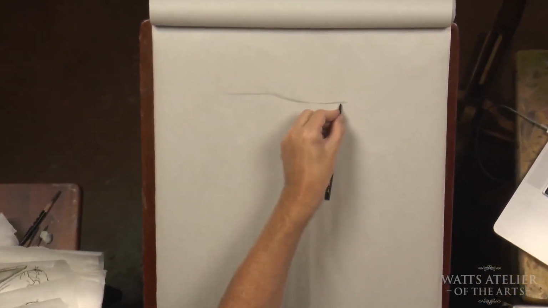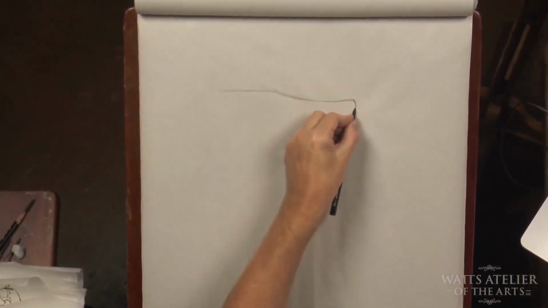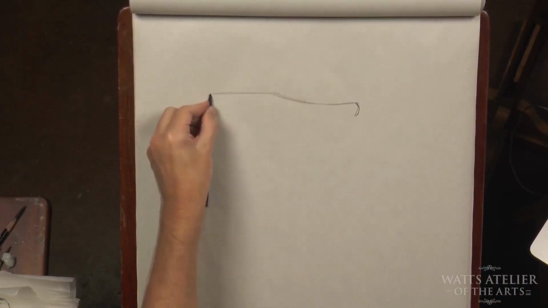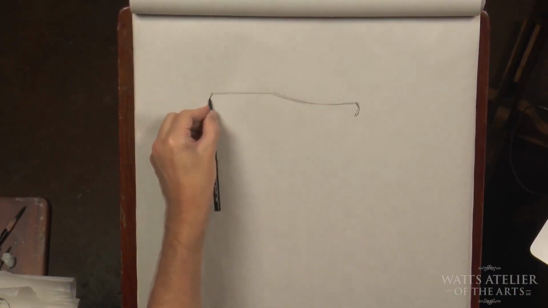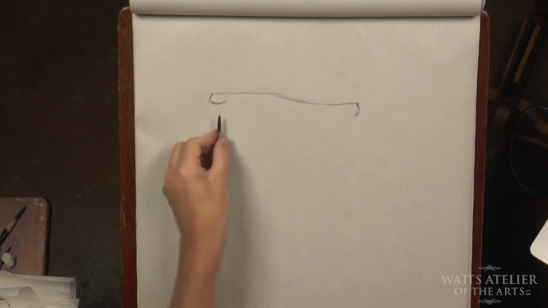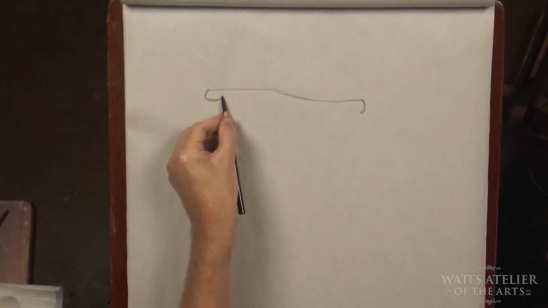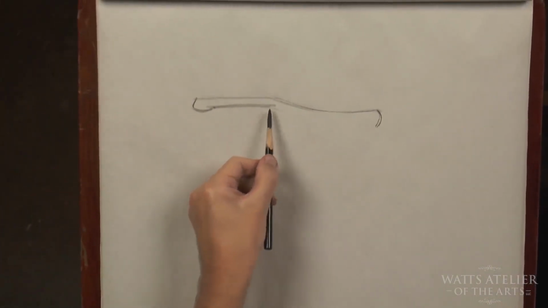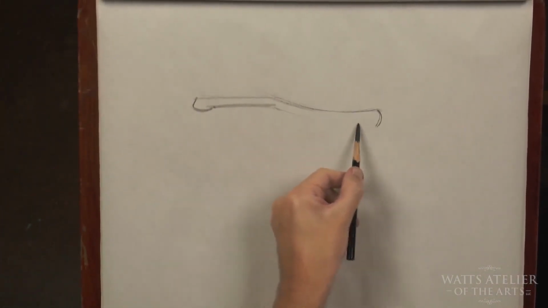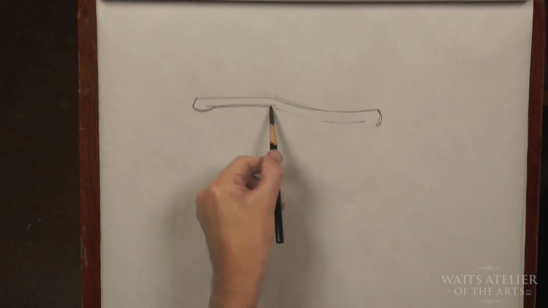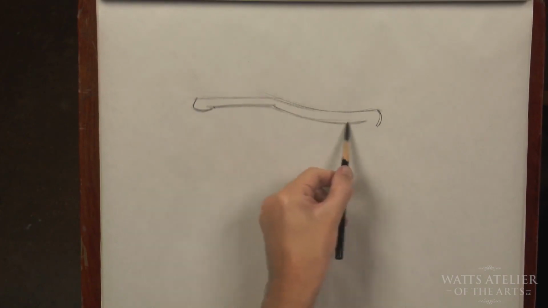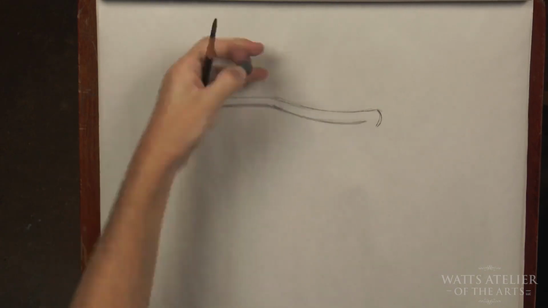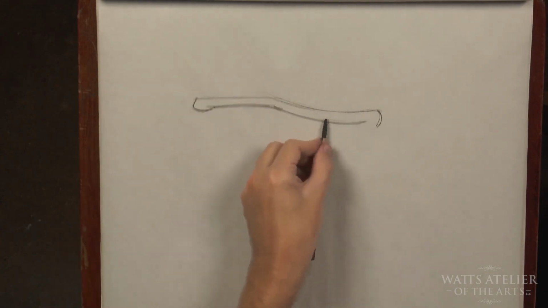And so it's kind of rounded on this end a bit, but then kind of flat on this end. Right, so up here it's kind of flat, and then down here more rounded.